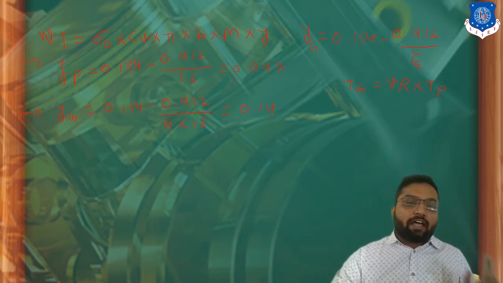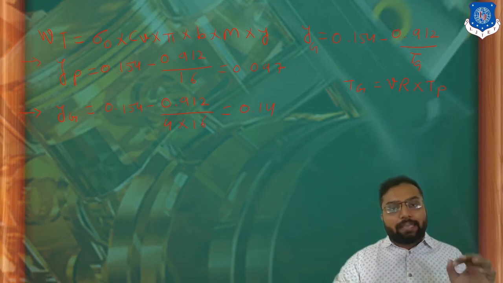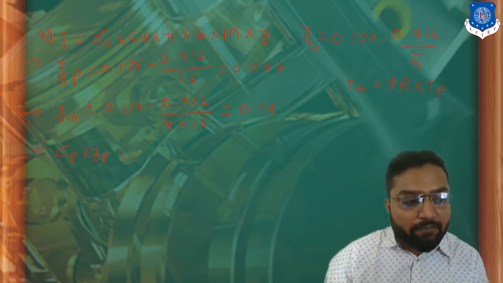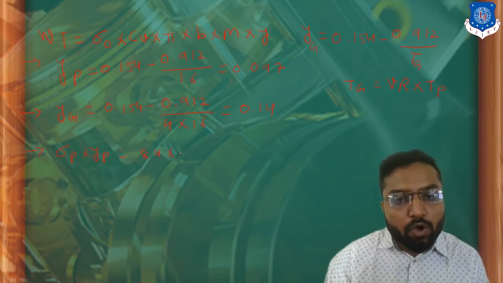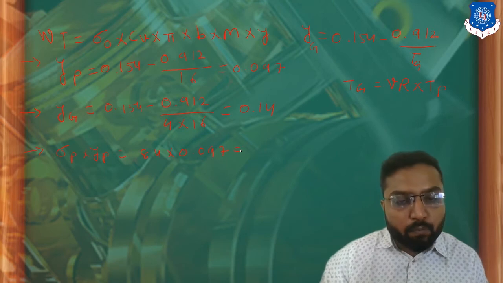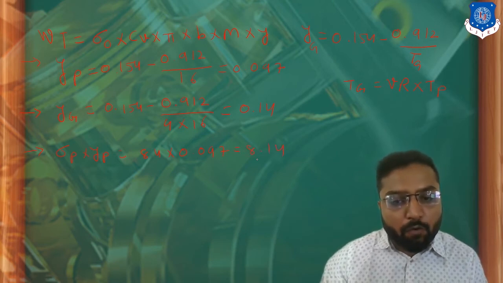To find out whether we have to design for the gear or the pinion, we have to find the product of sigma P into YP, which is 84 into 0.097. The value of this will be 8.14.